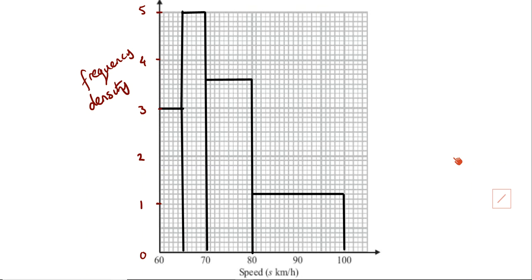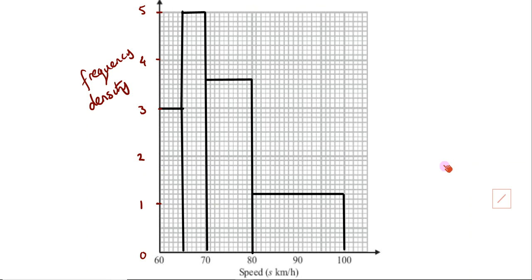So that's what we're showing with the frequency density. As soon as you have a histogram where the class intervals are different sizes, you can't just do frequency, you have to do the frequency density, relative frequency. And it makes it that little bit clearer to glance at it and think, yeah, now I know what I'm talking about.